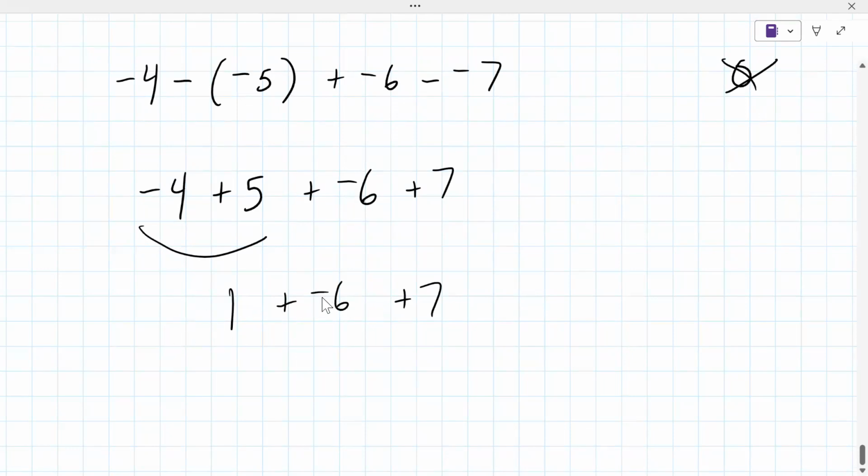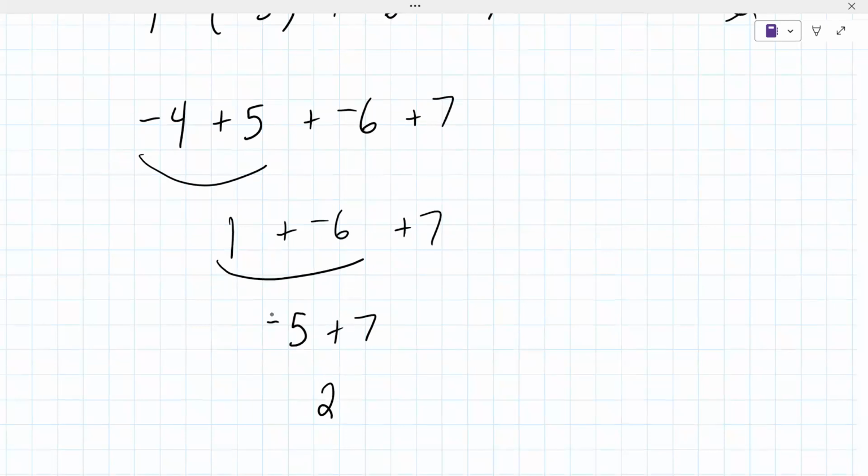Okay, but it's 1 plus -6. You've got to do it from left to right. So 6 take away 1 is 5, but it's negative 6. It's negative. So -5 plus 7. You subtract them. So 7 subtract 5 is 2. It's positive 2. Yes.